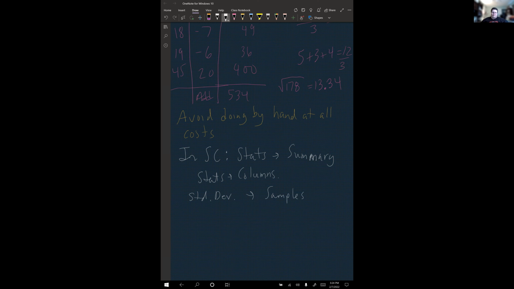I wish they'd chosen a different abbreviation than STD, because that means something entirely different to most people. And then Unadj, unadjusted standard deviation, is for populations. Again, the symbol for sample is s, for population it's sigma.